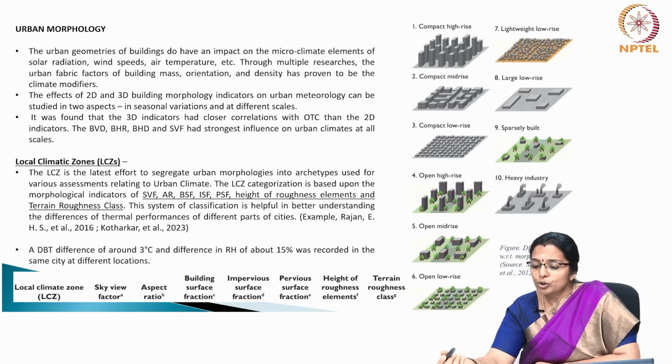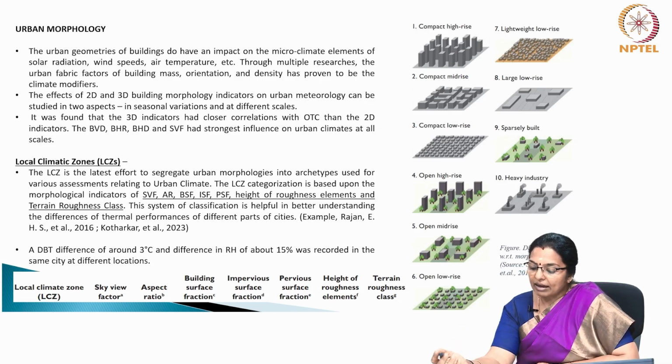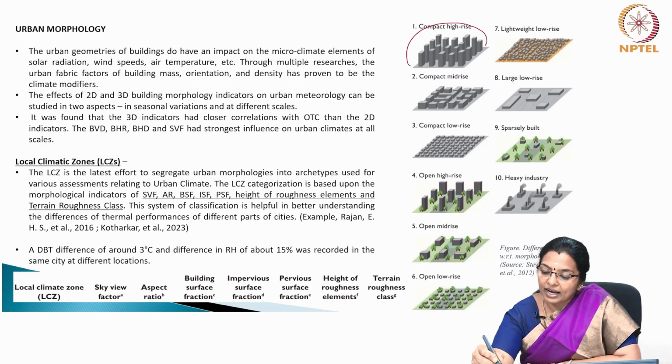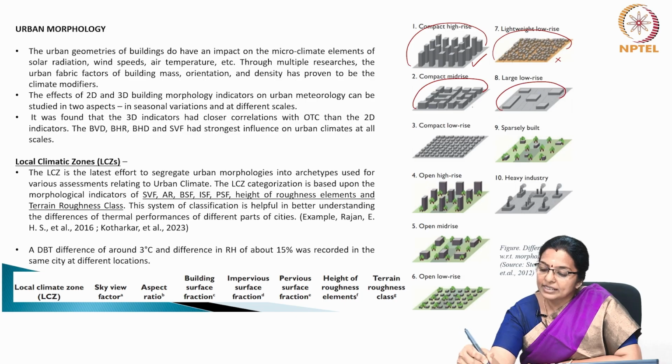And you can see, even graphically, how the various local climate zones could have an impact on urban heat island. You have a compact high-rise setting versus a lightweight low-rise setting. It is obvious that UHI is going to be higher here and lower here. There is a compact mid-rise versus large low-rise. So, it is obvious that UHI is going to be higher here.